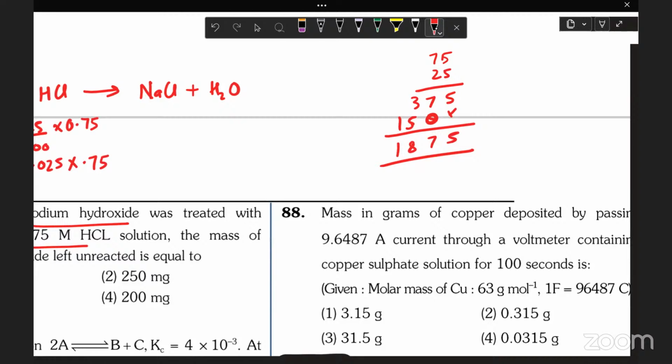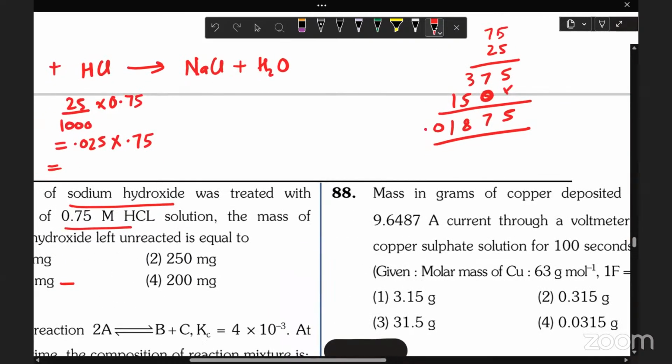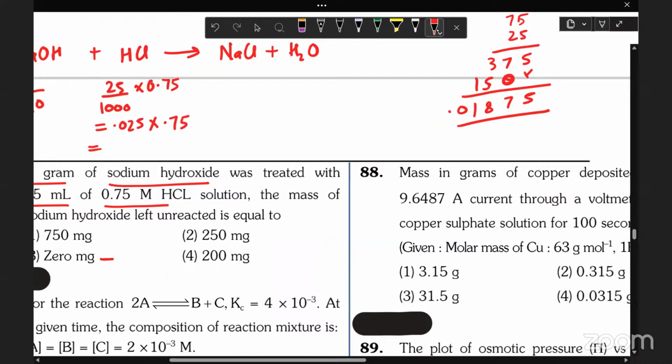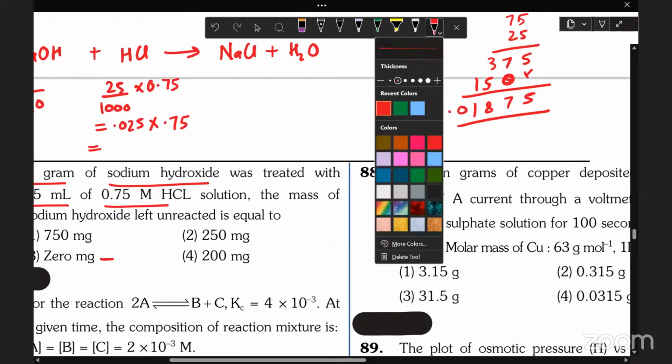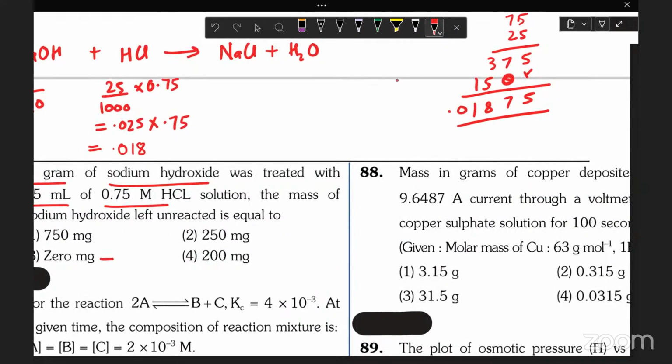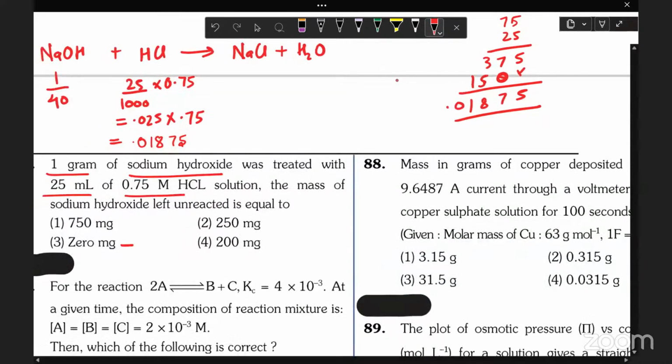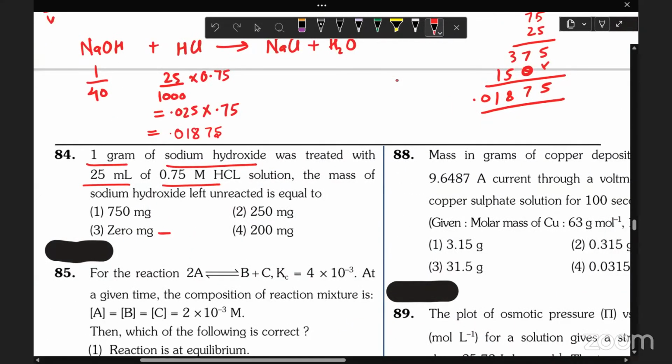All right, with 5 decimals, it will be 0.01875. What is 1 by 40? 1 by 4 is 0.25, so this will be 0.025.